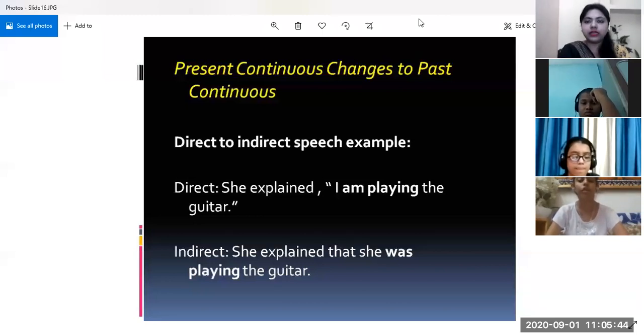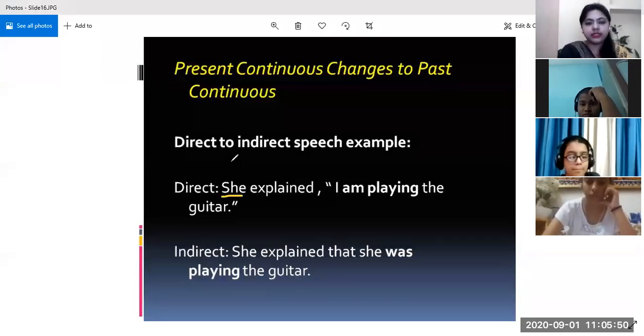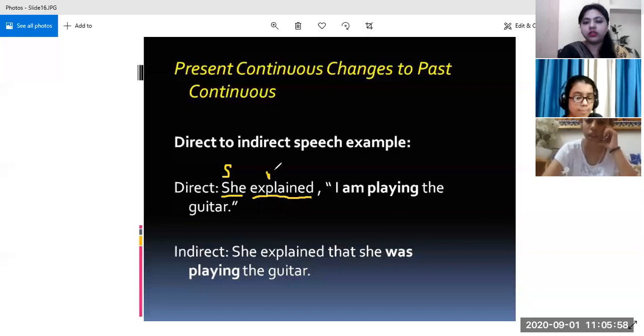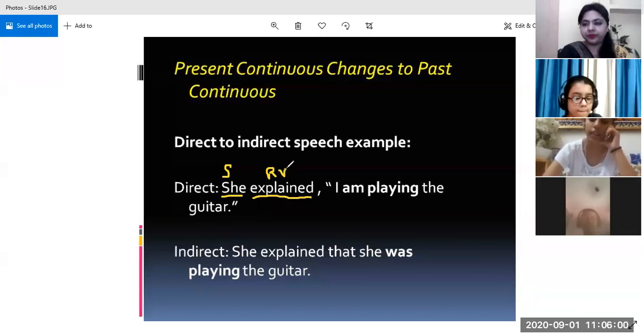Now, again, let us crack this one also. She is the subject again. Till now we learned that said was the reporting verb; explained is also the reporting verb.